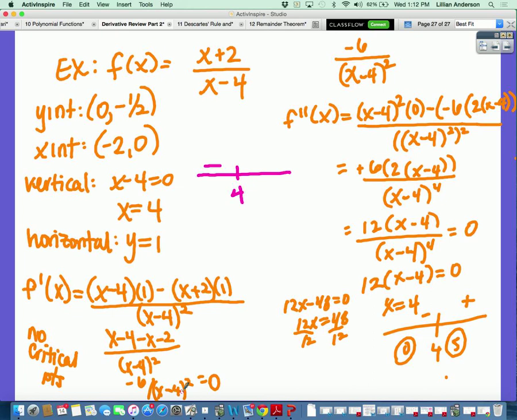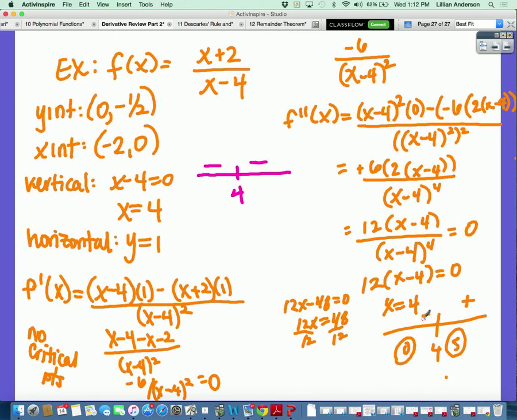If I plug in 5, I get negative 6 over, so it is still negative. Yes, we still do not have any maxes or mins, but at least now we know that from negative infinity to 4, we are decreasing, and we're also decreasing from 4 to infinity.